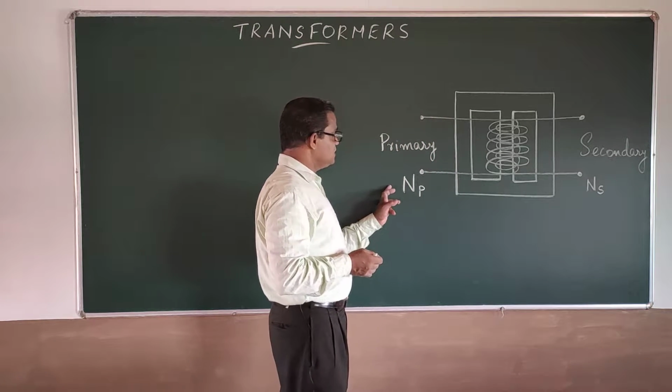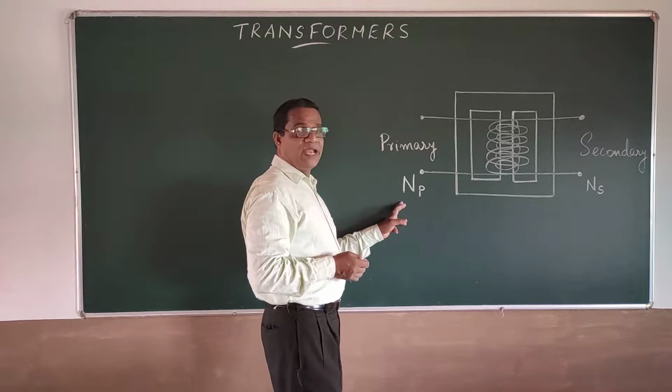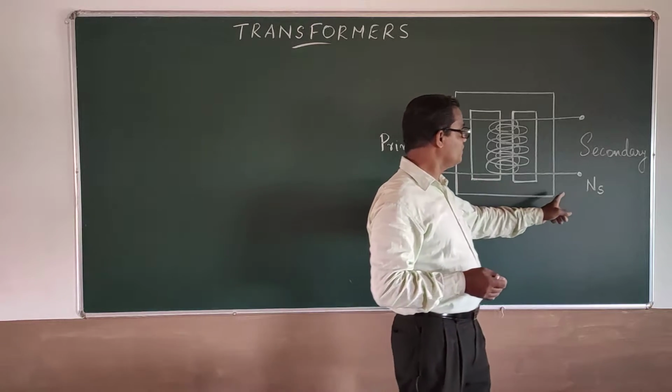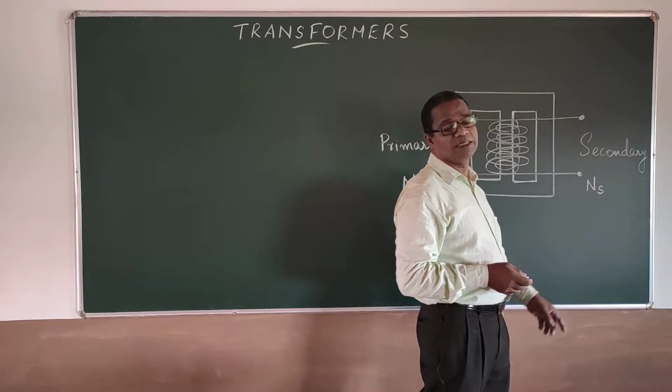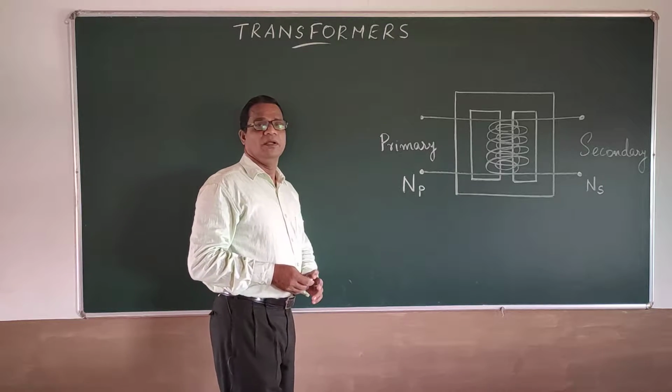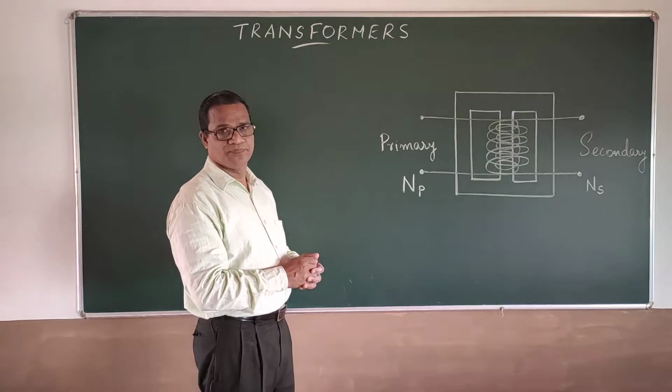Now number of turns of the primary I took as NP, and number of turns of the secondary I took as NS. Now let us see how it looks.